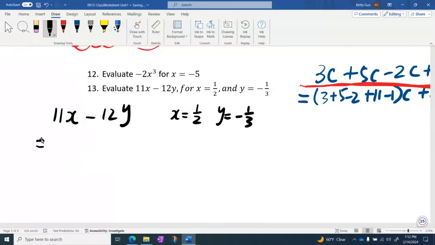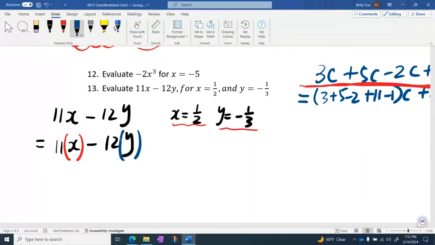And it contains 2 variables. So the value of this expression would depend on the value of x and the value of y, and they are given. It is given that x equals 1/2, y equals negative 1/3. Let's plug in, okay? Same as earlier, I would use parentheses to frame the variables.